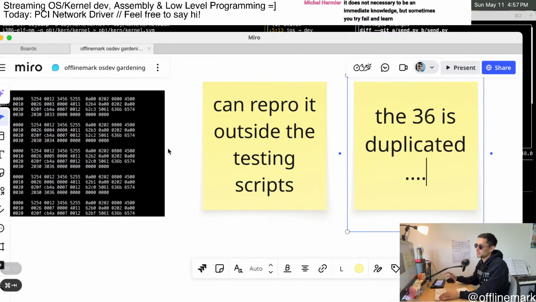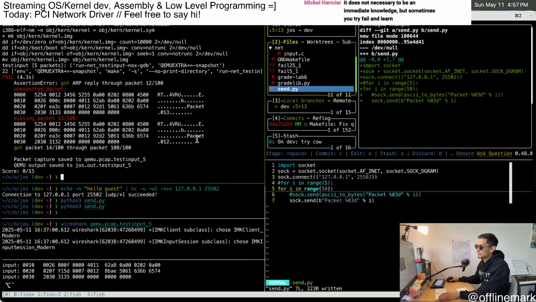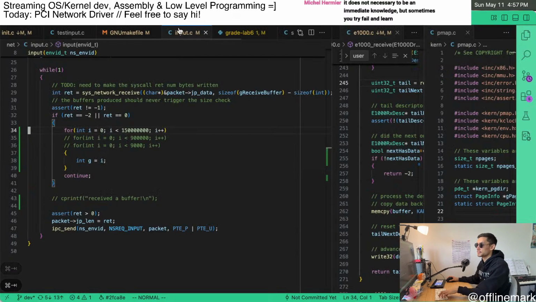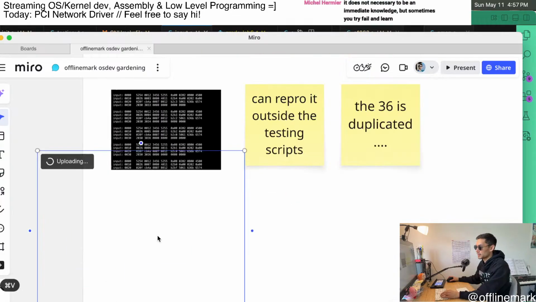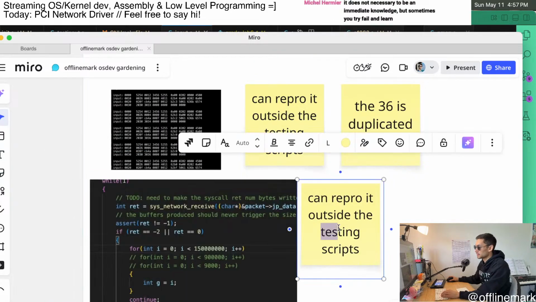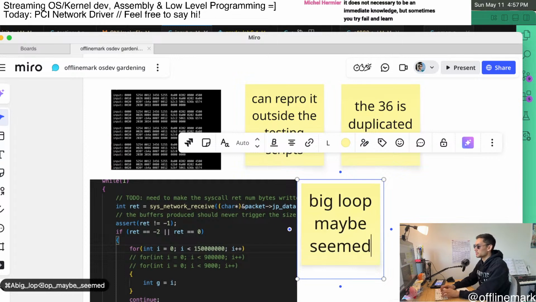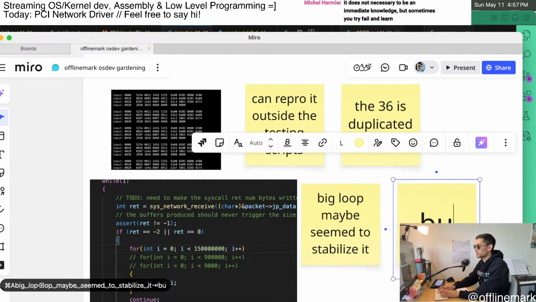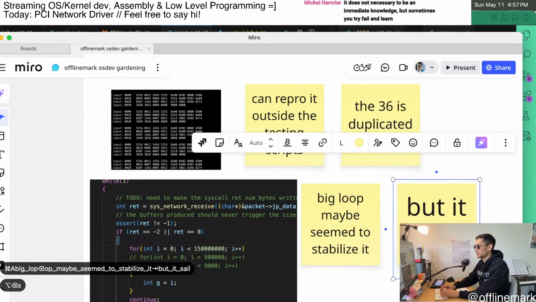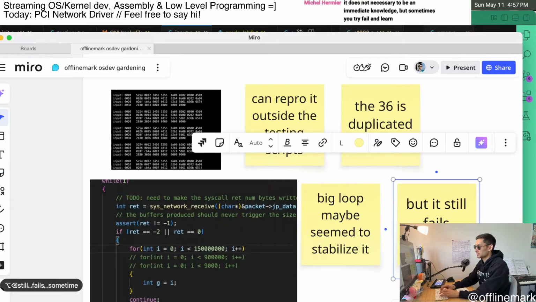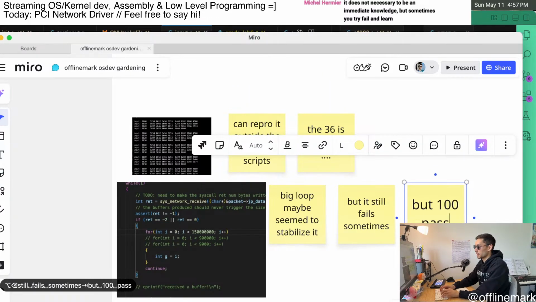So big loop maybe seemed to stabilize it, but it still fails sometimes. But 100 passed quite a few times.